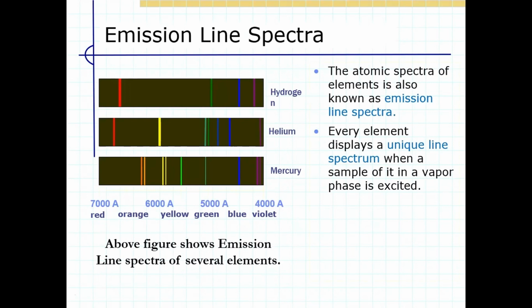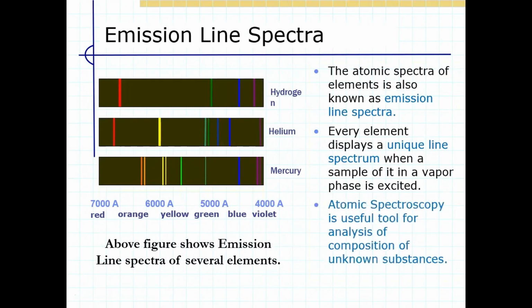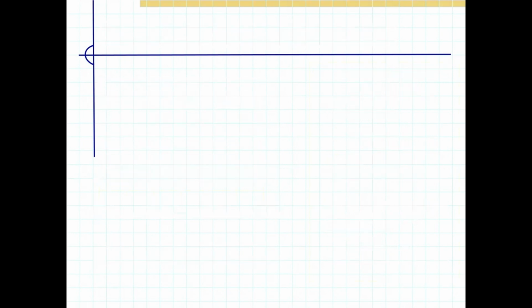So each individual element was identifiable with the help of a particular spectrum. Atomic spectroscopy became a very useful tool to analyze the composition of unknown substances, even substances at very large distances from Earth. When you see their emission line spectrum, you can tell which element is where and how much.